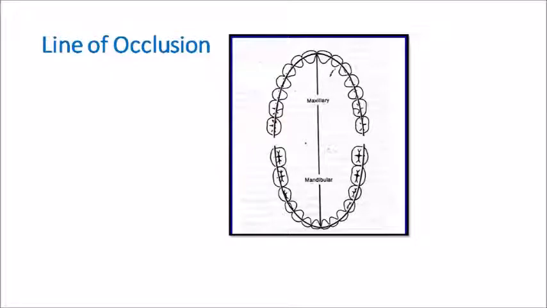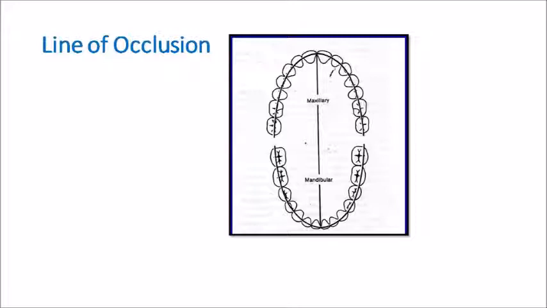Angle's definition of an ideal occlusion has two components. One was the relationship of the maxillary first permanent molar to the lower first permanent molar, and the second was based on the line of occlusion. The line of occlusion according to Angle is a smooth curve which passes through the central fossa of the upper molars and across the cingulum of the upper canine and incisor teeth.